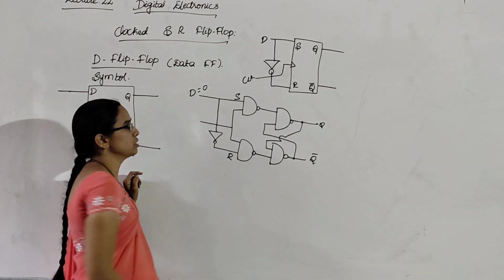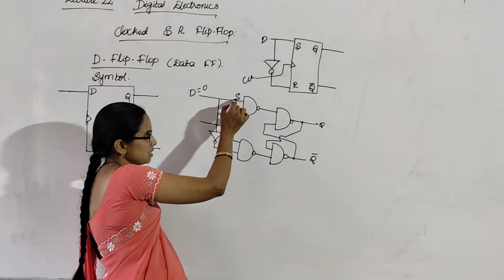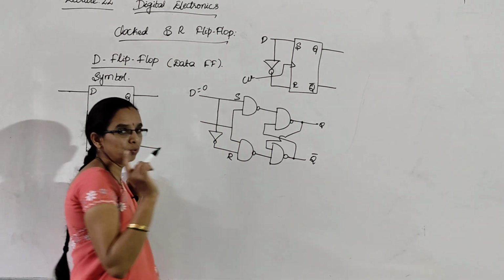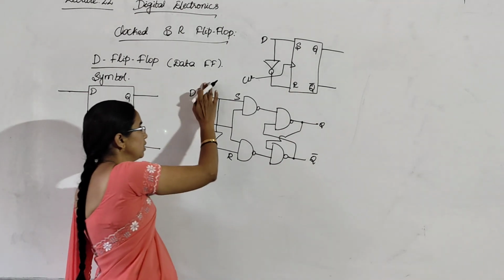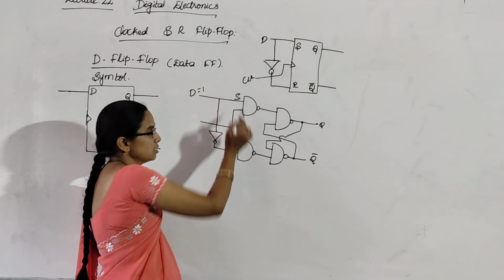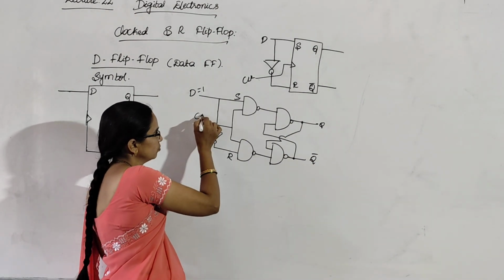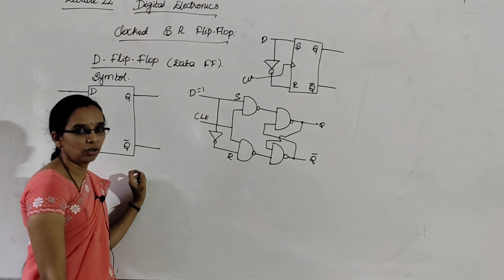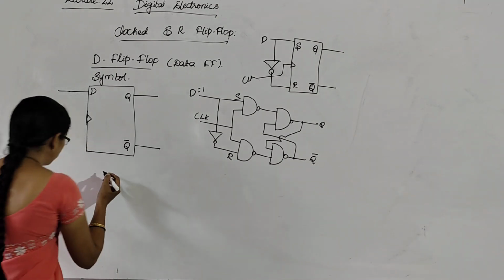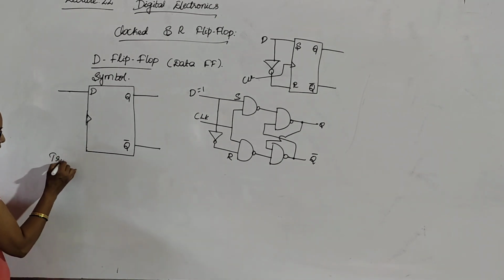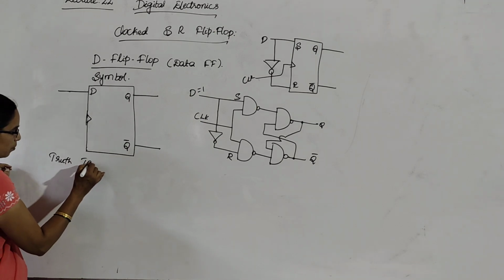Whenever D is equal to 0, S is equal to 0 and R is equal to 1 it will take. Whenever D is equal to 1, S is equal to 1 and R is equal to 0 it will take. So the truth table will go like this.